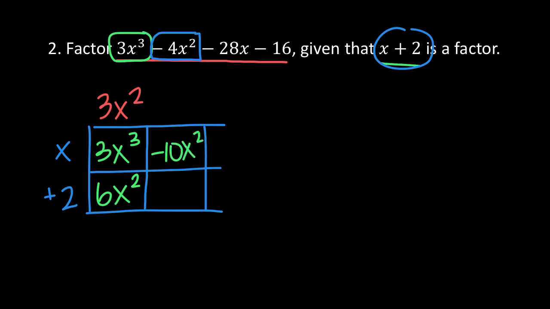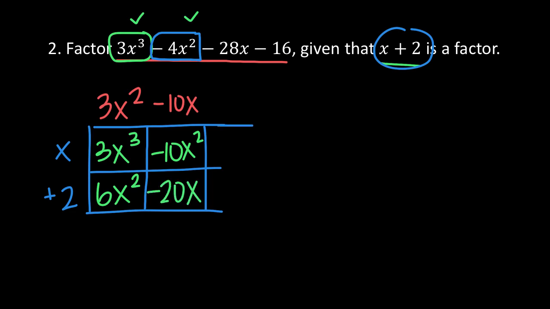Now 6x squared and negative 10x squared equal negative 4x squared. I'm thinking of what I would put up here to multiply to x to get negative 10x squared. I'll put negative 10x, since negative 10x times x is negative 10x squared. And then I'm going to do negative 10x times 2 so I can fill in that bottom box.